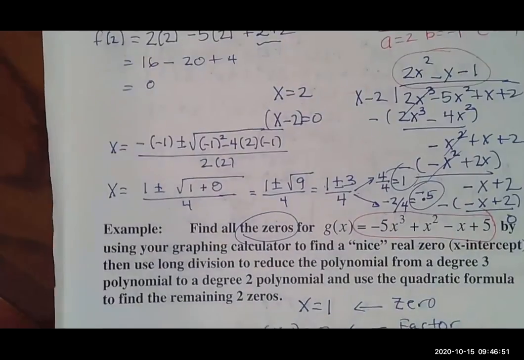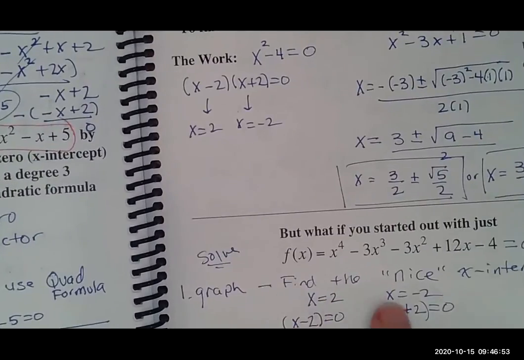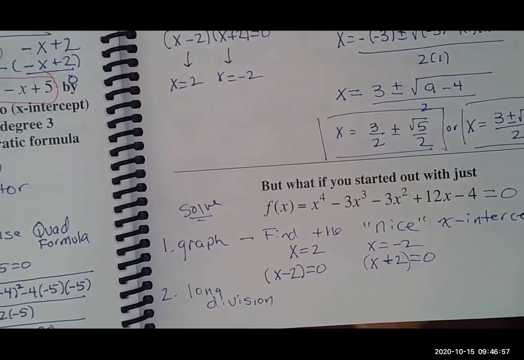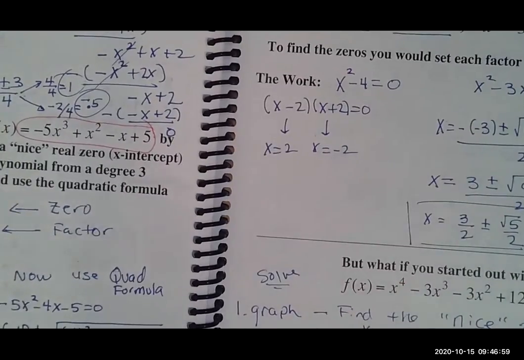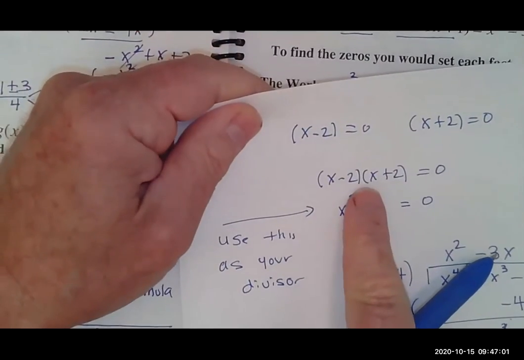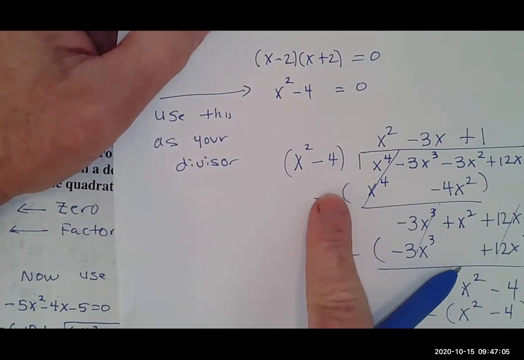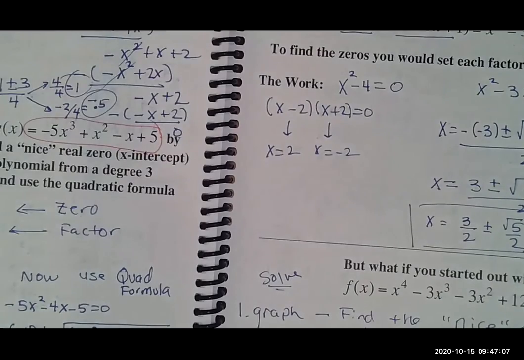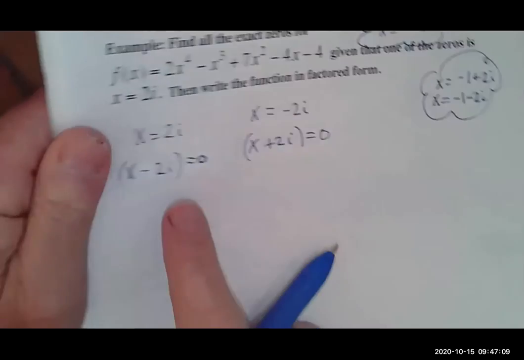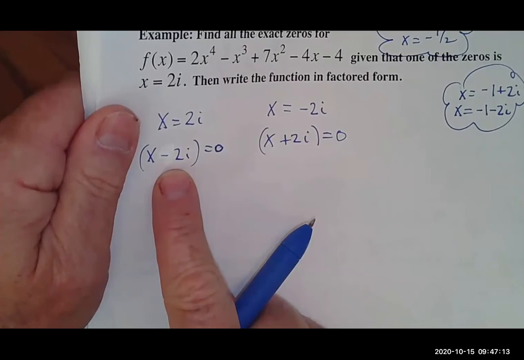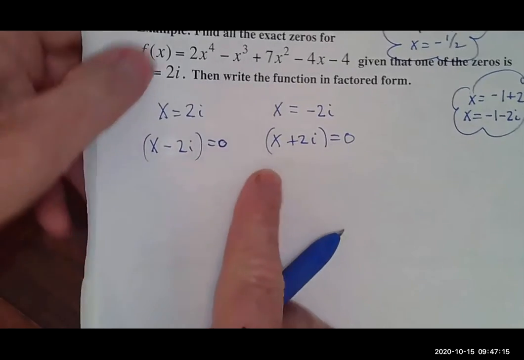The very first problem today, I suggested, hey, if you've got two nice answers, you could push them together. Where's my problem? Oh, here it is. You can push them together as the product and take care of long division all in the same step. Because if you don't, you're going to have to deal with the i, and it gets really screwy. I don't recommend that. So what I'm going to do is push these together.